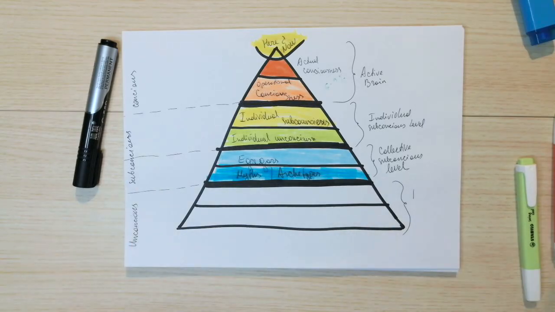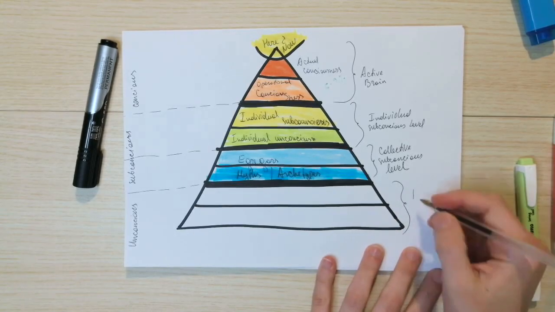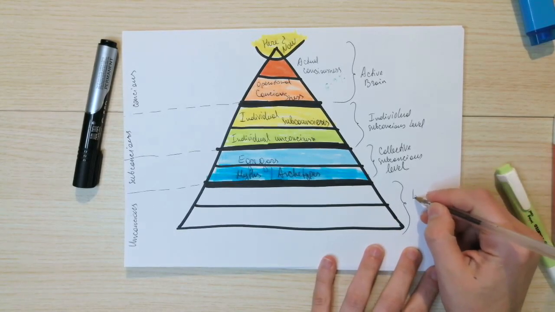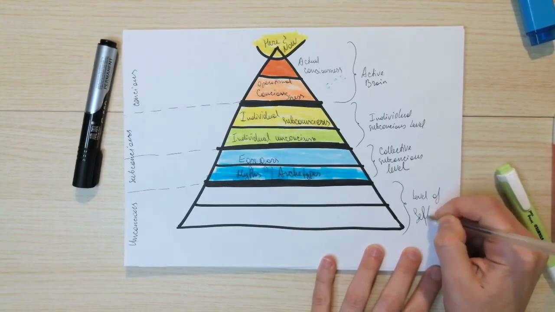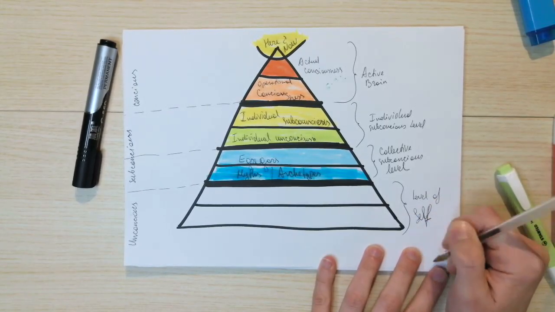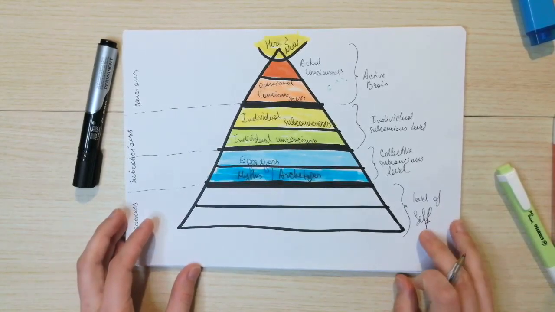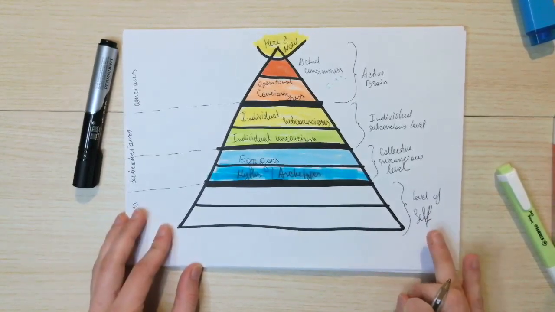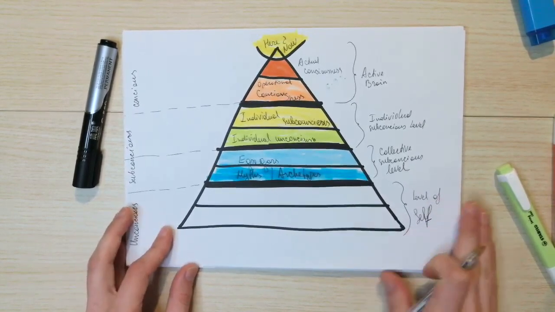This is a pyramid, a concept that combines more ideas and more philosophies and schools. So this is the level of self. If I'm not mistaken, please don't quote me on this, but I think the idea of self was first mentioned by Carl Jung. So yeah.